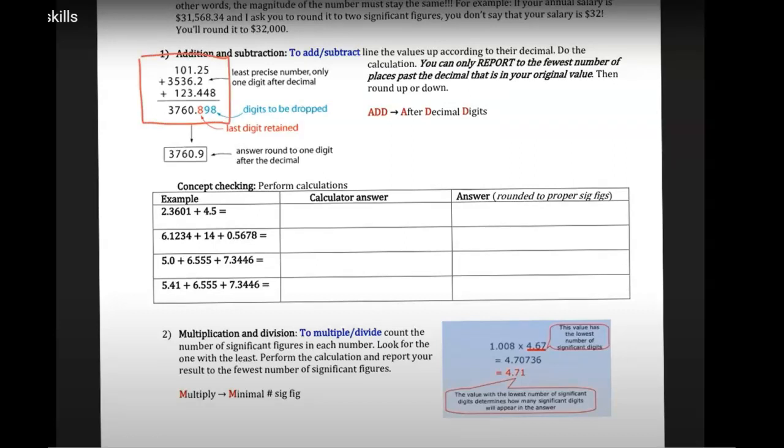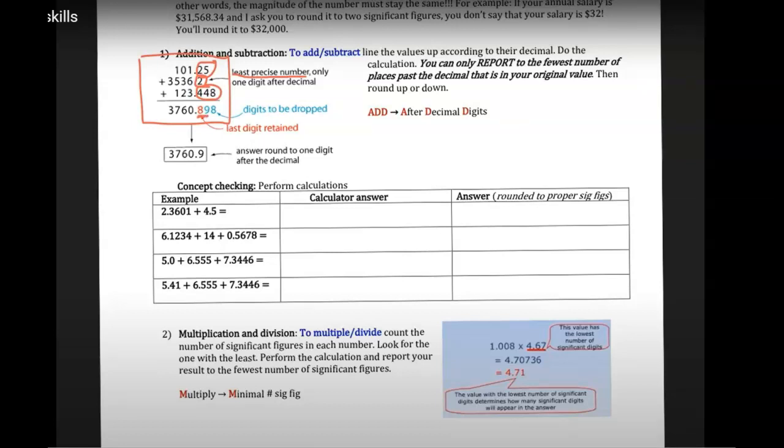If you're adding them, you have to look at how many places are after the decimal point. And this is how many are going to be at the end, in your answer. So the first number has 2 places after the decimal point. The next one has 1, and the third one has 3, right? So the least precise number, with only 1 digit after the decimal point, is going to determine how many your answer is going to have.